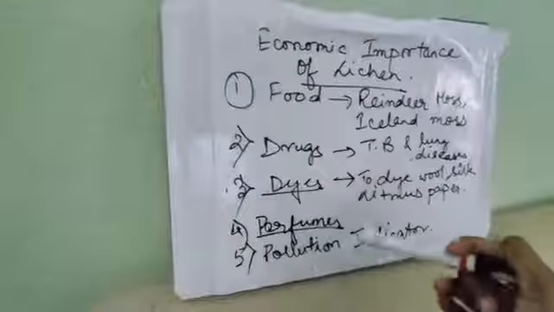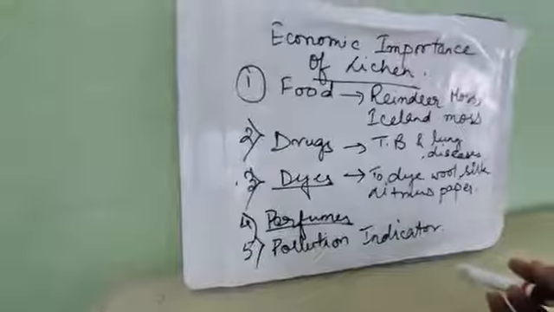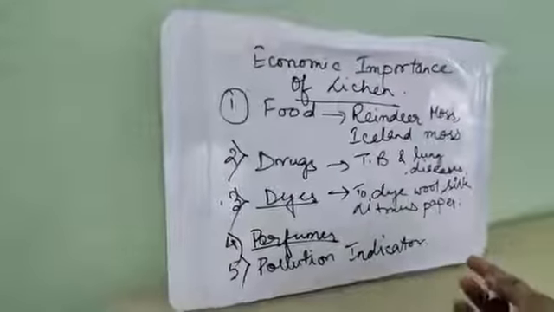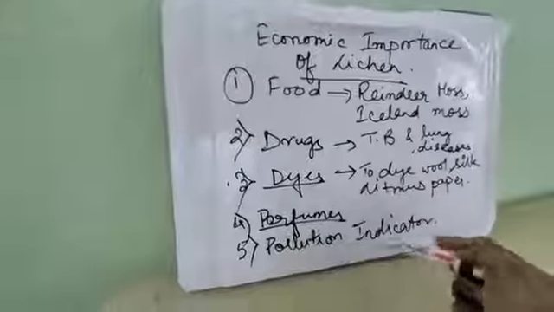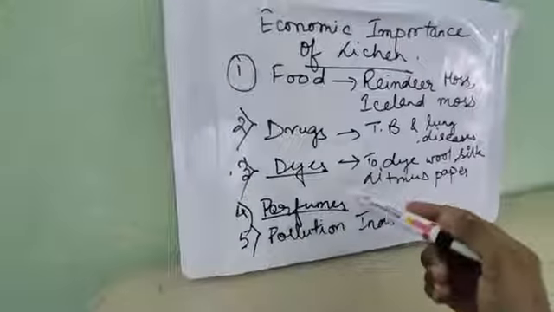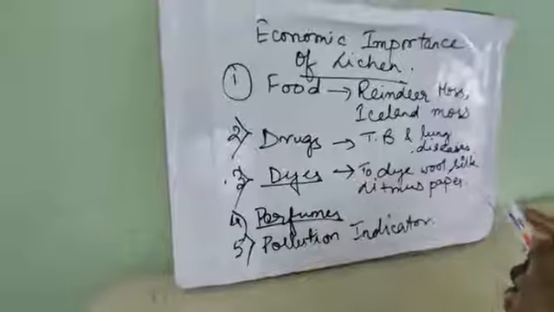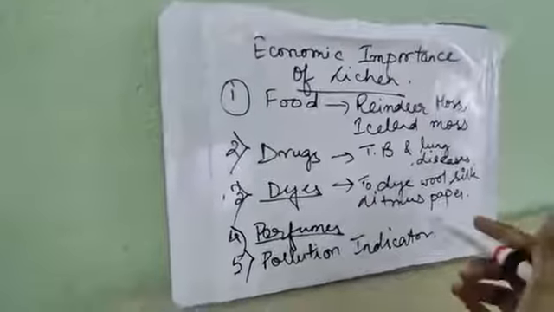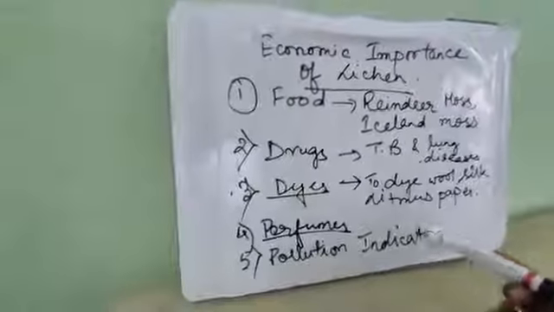Next coming perfumes and incense sticks. These are prepared from lichens. Next, lichen is a very good pollution indicator. It indicates how much a region is polluted, because lichens do not grow and thrive in a polluted region.